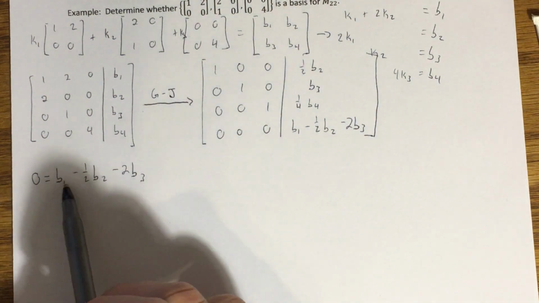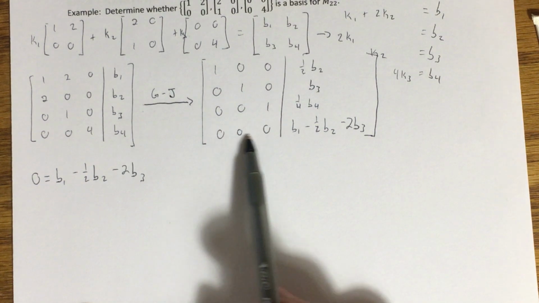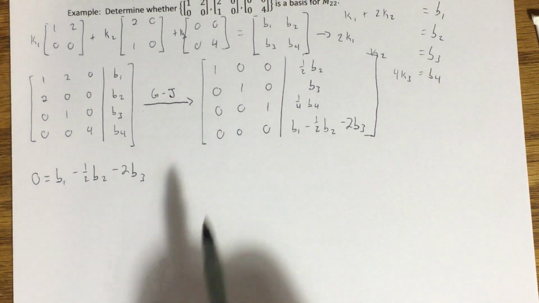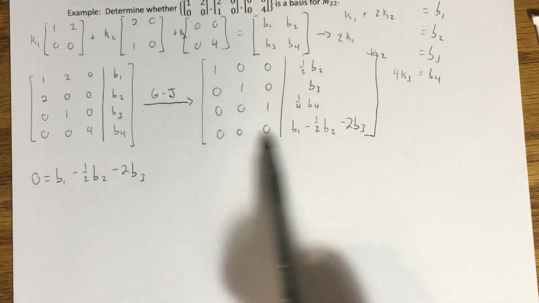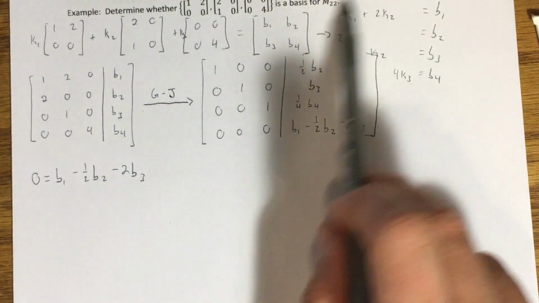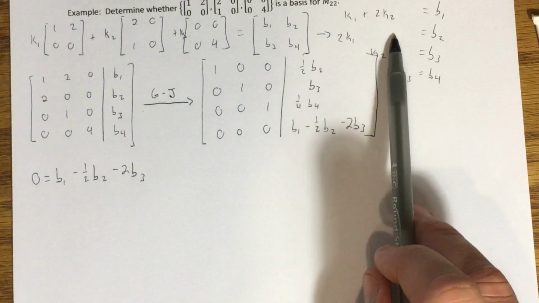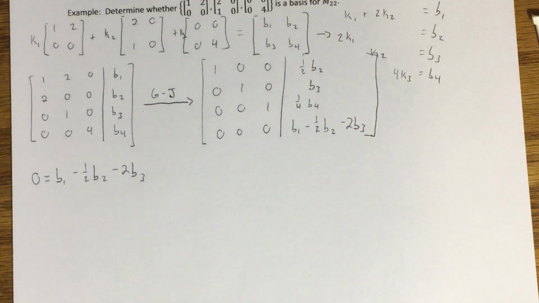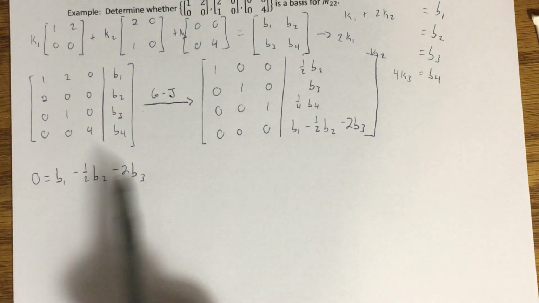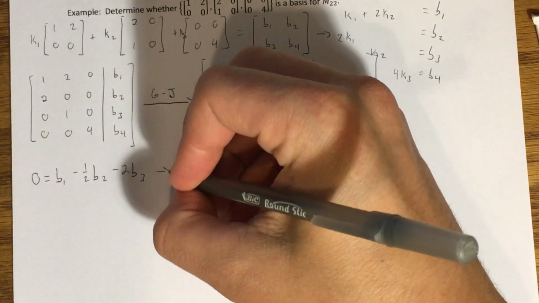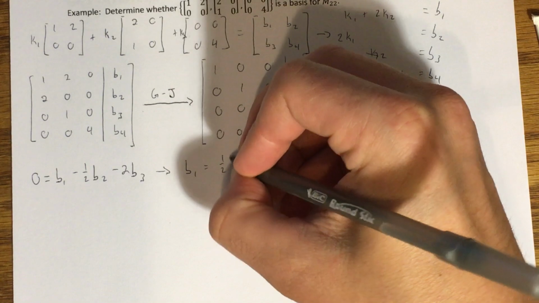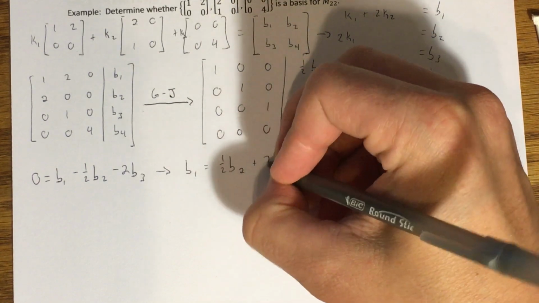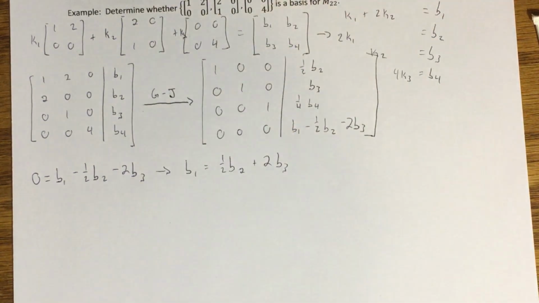Because if this is equal to anything other than 0, then this would imply a contradiction, which gives us no solution. So, in other words, this system of equations is only ever consistent if this equation holds. Notice this can be written this way as well. B1 equals 1/2 B2 plus 2 B3.